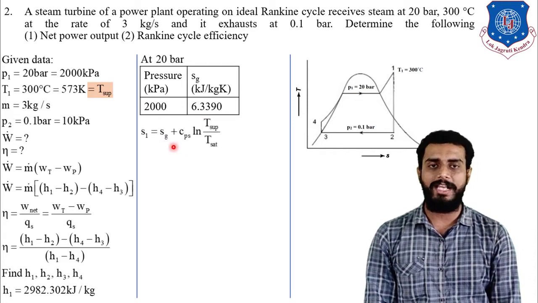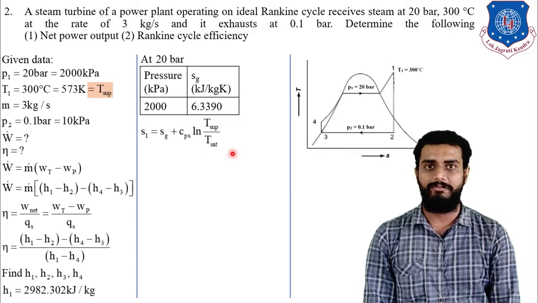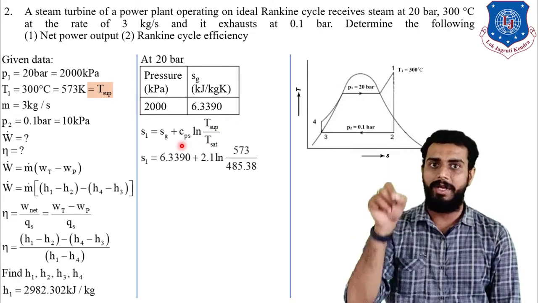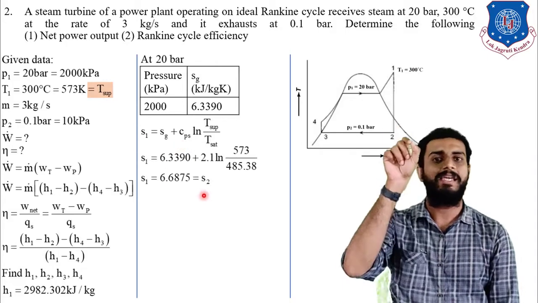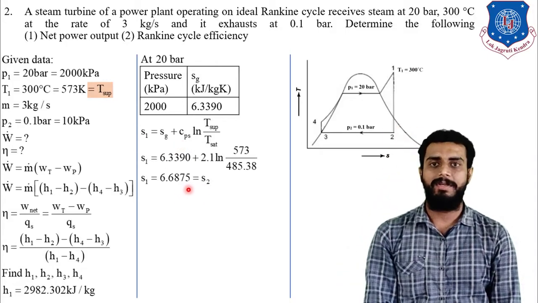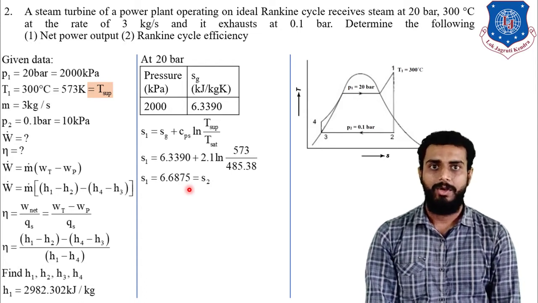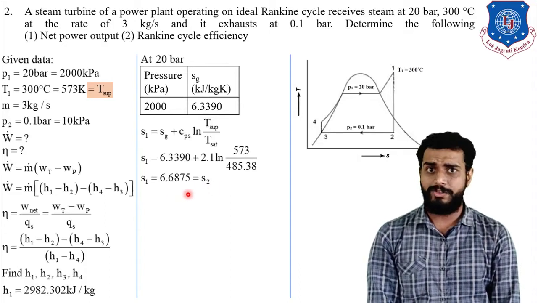Then the final answer for S1 will be 6.6875, and here you can observe in the TS diagram that S1 and S2 values will be the same. So my S2 will also be equal to 6.6875.